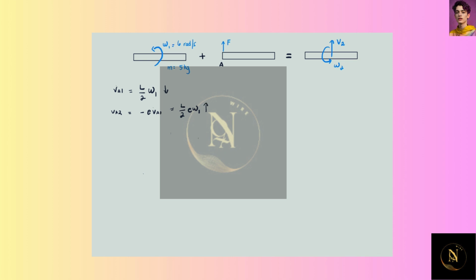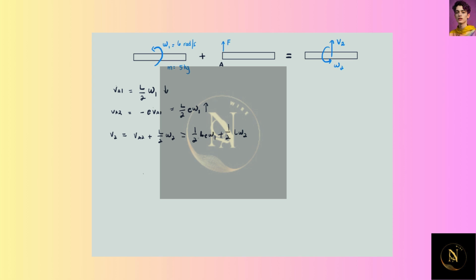This is pointed upward, so we omit the negative sign there, since as you can see in the diagram, the bar rotates in the opposite direction after impact. Hence, the linear velocity v2 after the impact is equal to VA2 plus L over 2 omega 2. Substituting the equation for VA2, we'll have 1/2 L e omega 1 plus 1/2 L omega 2.